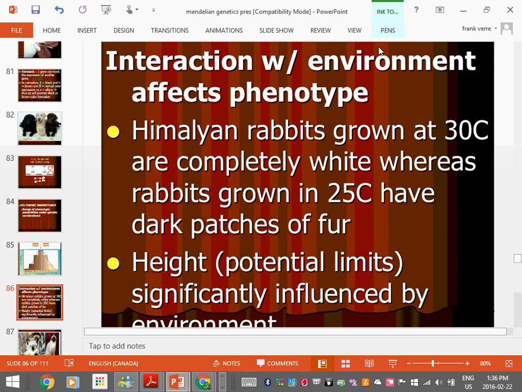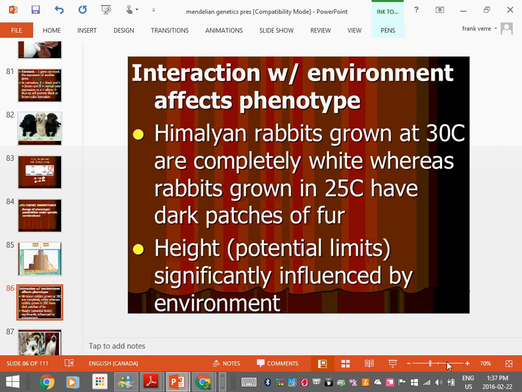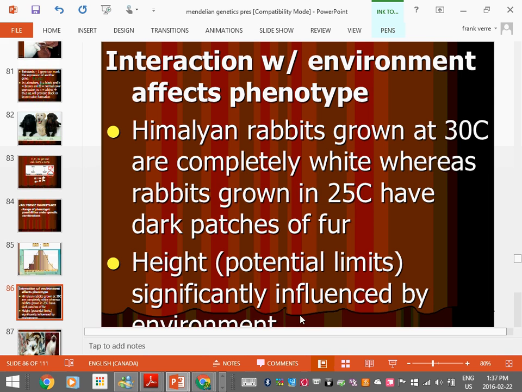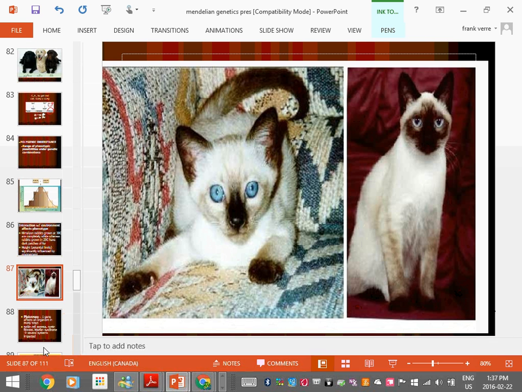We've also made the assumption that the environment does not affect the genetics, that they're separate. So here's a picture of two cats that are supposed to look the same. They're supposed to have the same color pattern.